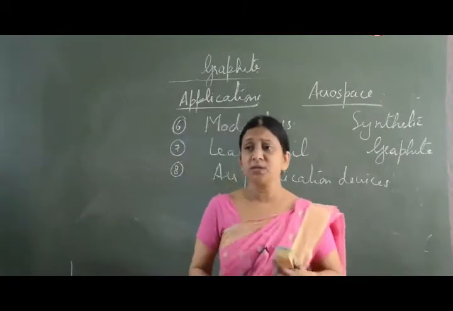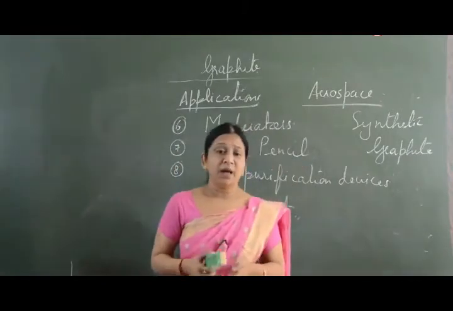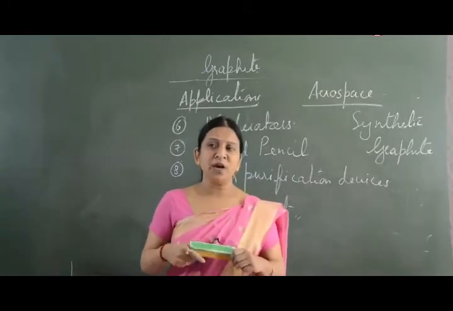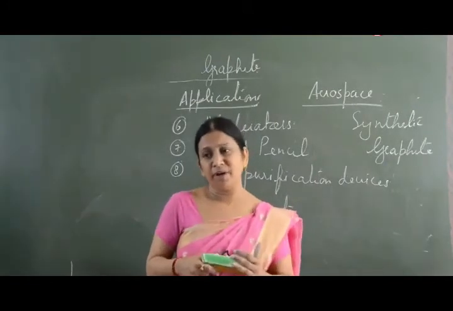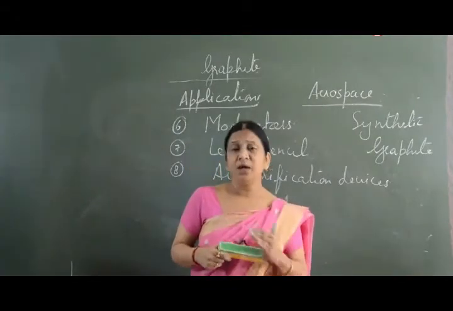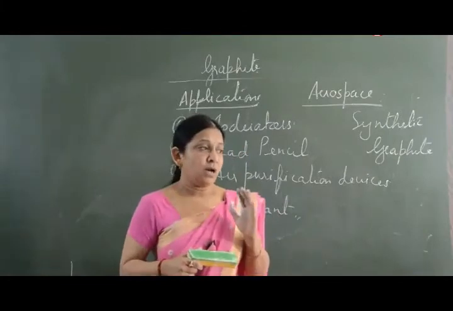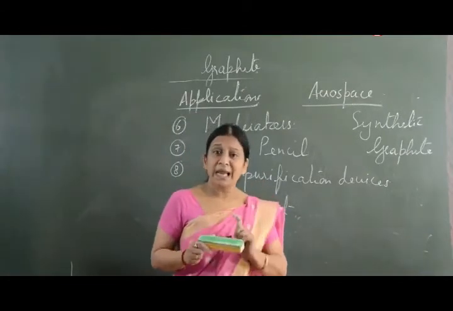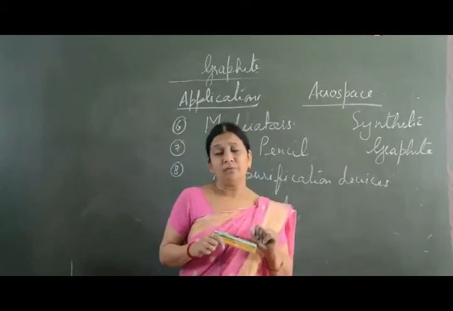If I summarize the whole of graphite, then graphite is an allotrope of carbon. Basically we have two allotropes of carbon, one is diamond, the other is graphite, but graphite is more important and more stable in comparison to diamond. One more important thing about graphite is that it forms a link between metals and non-metals.